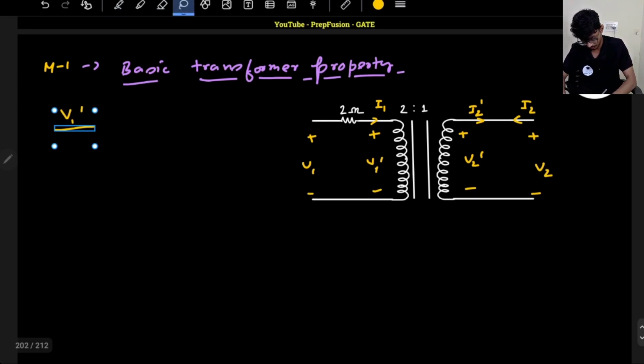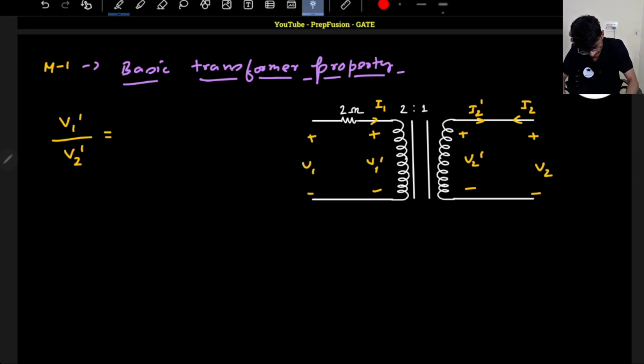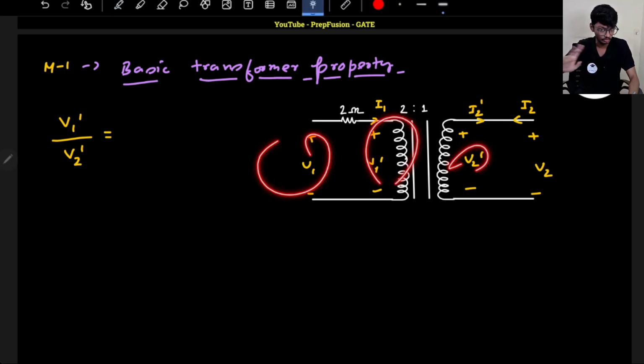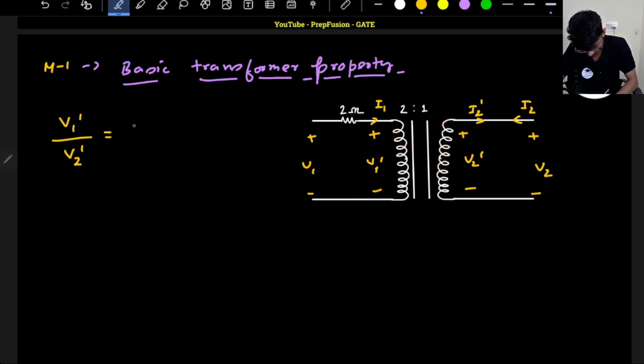Okay, so internal voltages are related, not the external voltage. Remember, the internal voltages are related, not the external voltage, right? So the external voltage can be different, but the relation between the internal voltages is there with respect to the turns ratio.